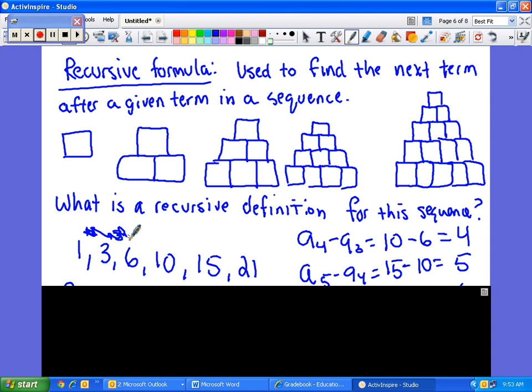And how you're going to do this is going to change depending on whether the pattern is an addition pattern or a multiplication pattern. Yes? What is it for me? That's what we're going to figure out. Thank you for asking.